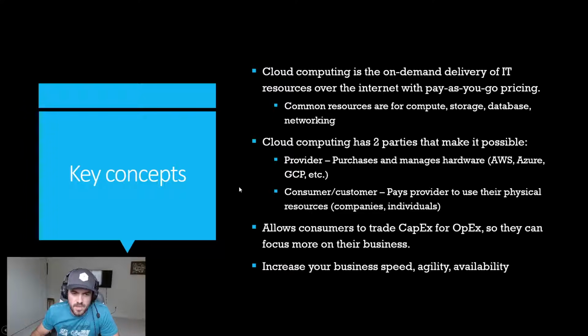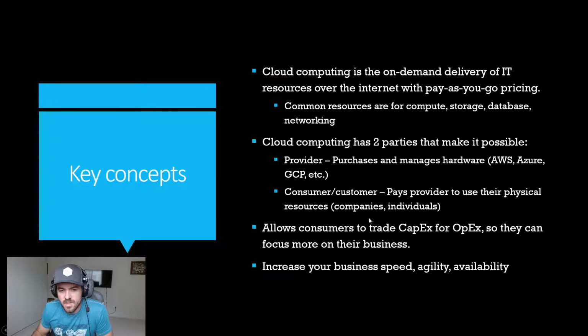So that's kind of how it works, and we'll dive into how those responsibilities should be shared in a minute. Cloud computing allows consumers to trade capital expenditures, CapEx, for operating expenditures, OpEx, so they can focus more on their business. Basically, you don't have to spend a bunch of money upfront on hardware and servers and racking and stacking and power, and all the things that come with hosting, updating, and maintaining your own hardware.